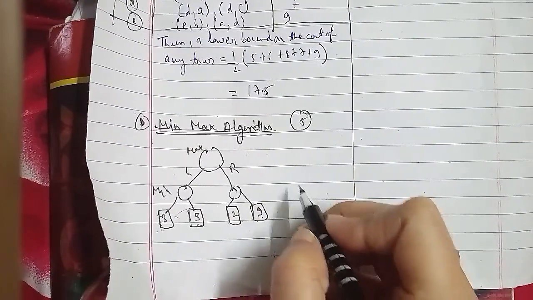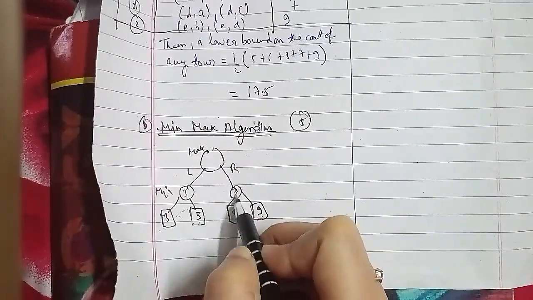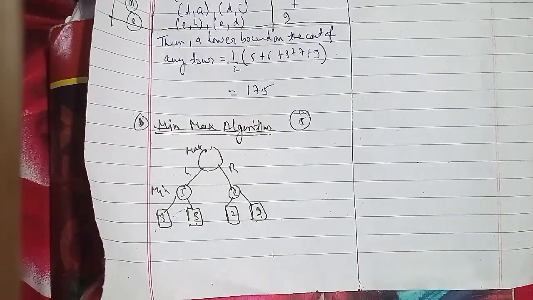So with this, it is the maximizer left and right, and that is your 3 and 2, and that is 3 and 5, and 2 and 9 as well. So this is the representation here.